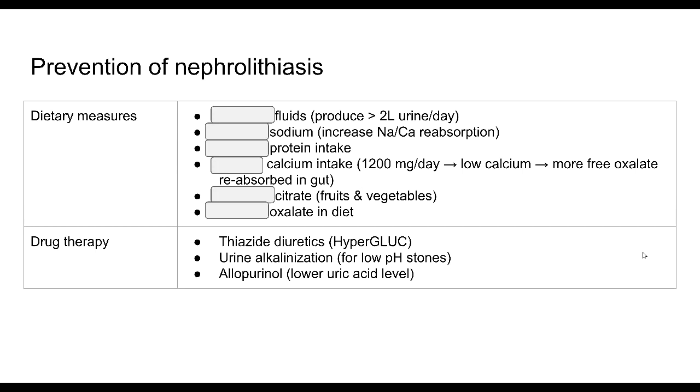I think normal. Okay, why? Why not less? Because it makes sense, right? You want less calcium in the urine. So why are you telling your patient to take normal calcium?